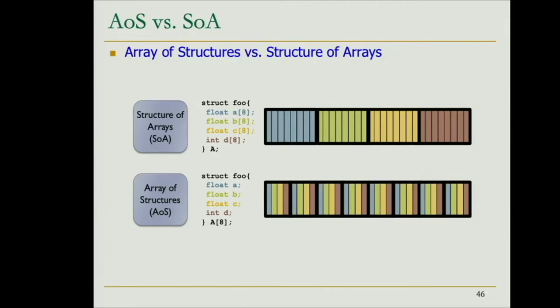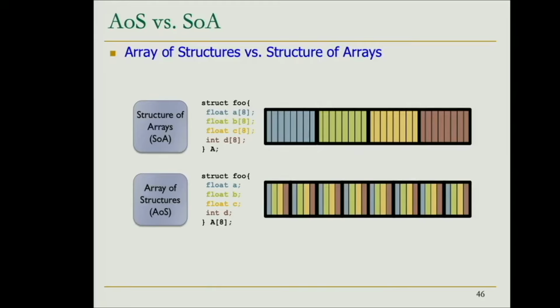And actually these are two different ways of organizing, in this case, an array of structures or a structure of arrays. The data is exactly the same, so we have two possibilities here. This struct here contains 4 arrays: A, B, C, and D.